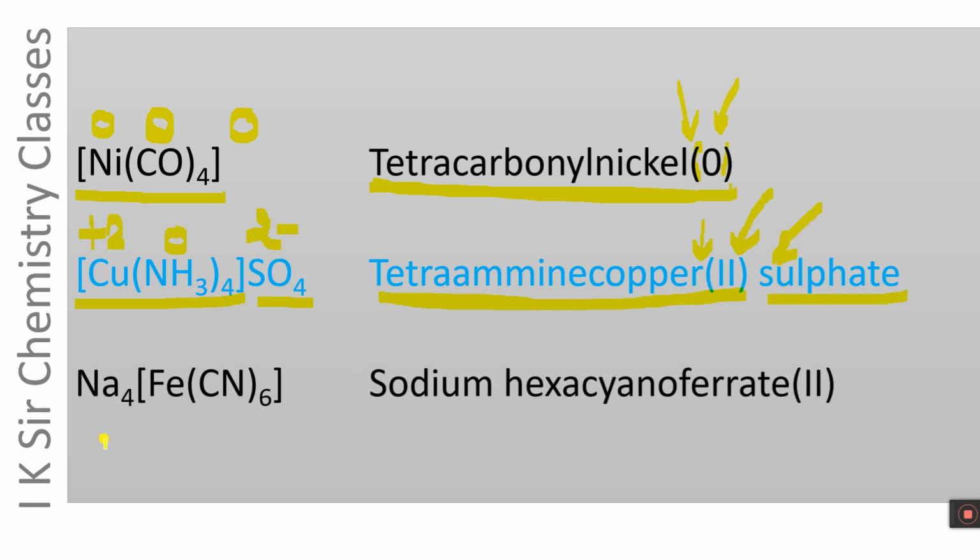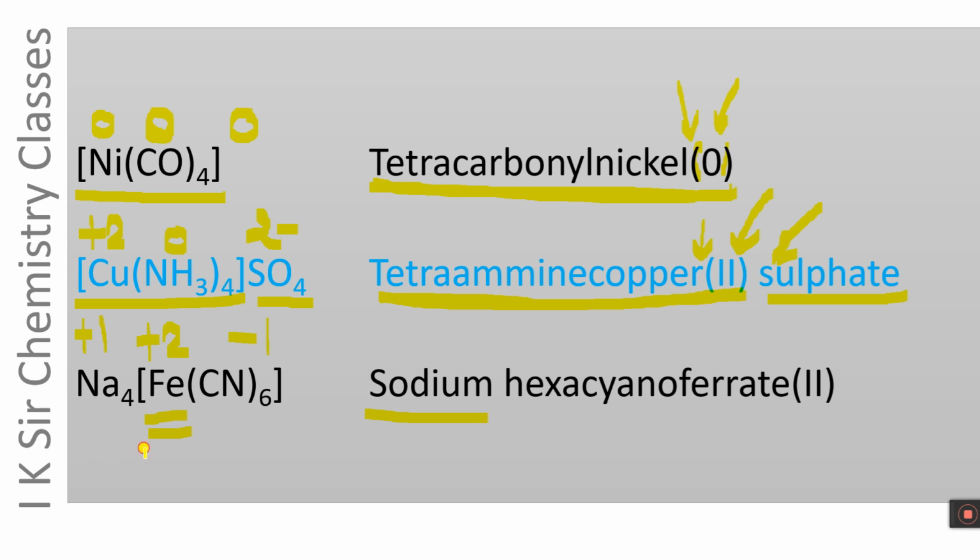Another example, Na4[Fe(CN)6]. Here the oxidation state of Fe is +2 on calculation, because the oxidation state of sodium, an alkali metal, is +1 and there is 1 minus charge on each CN minus ion. On calculation, the oxidation state of iron comes to be +2 and its name is sodium hexacyanoferrate(II).